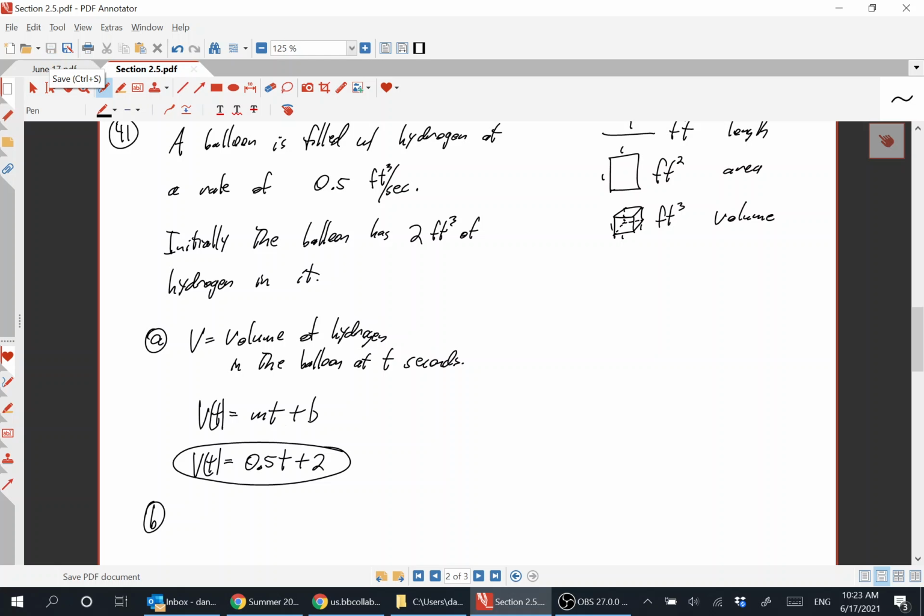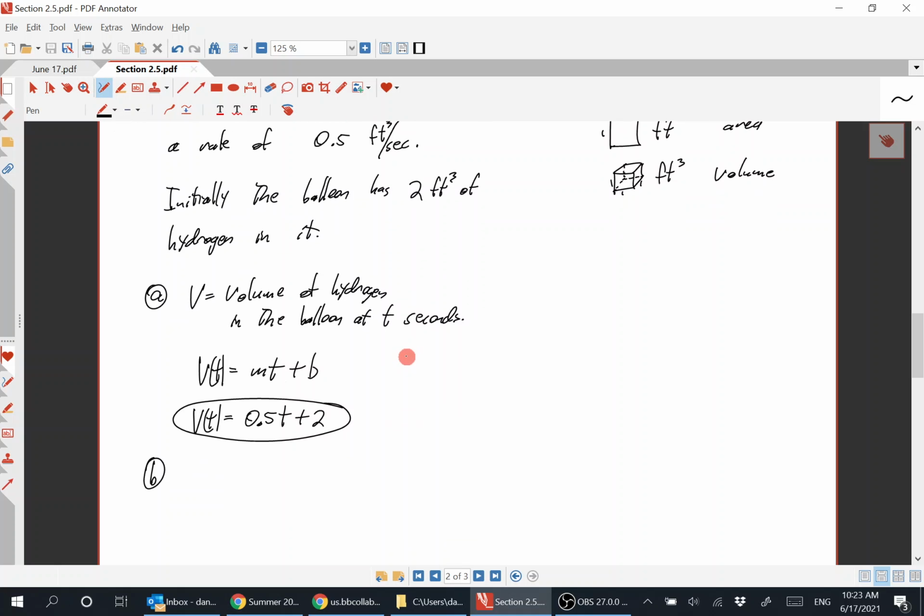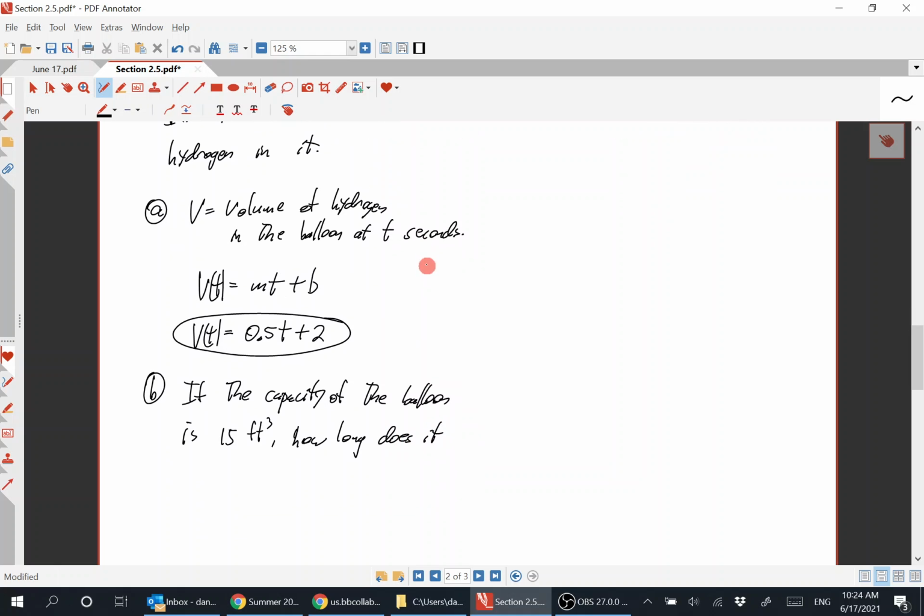If the balloon has a capacity of 15 foot cubed, how long does it take to completely fill the balloon? So how long does it take to fill the balloon?